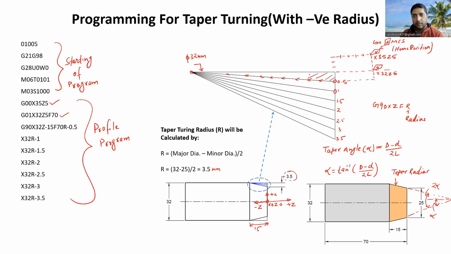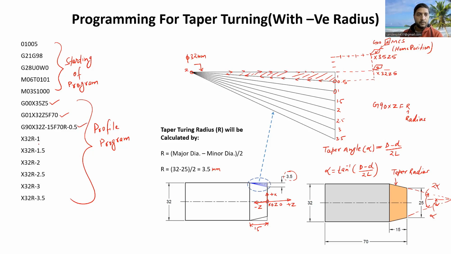So it will remove this much material when moving from point number 1 to point number 2. After that, it will go back in this direction. Let us say at this particular location it will reach X32 Z5.